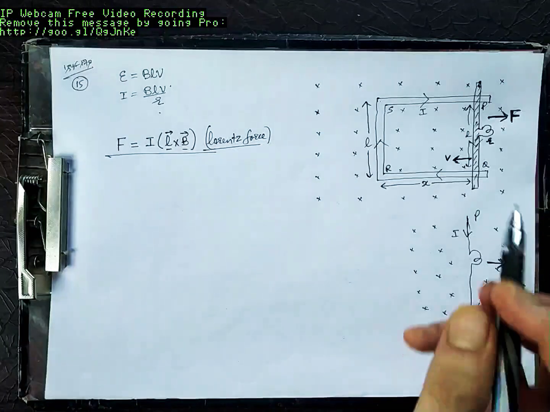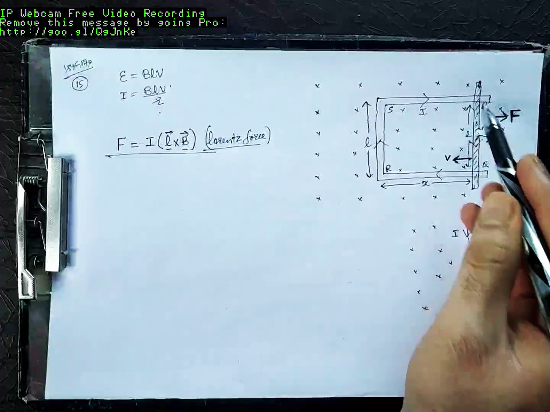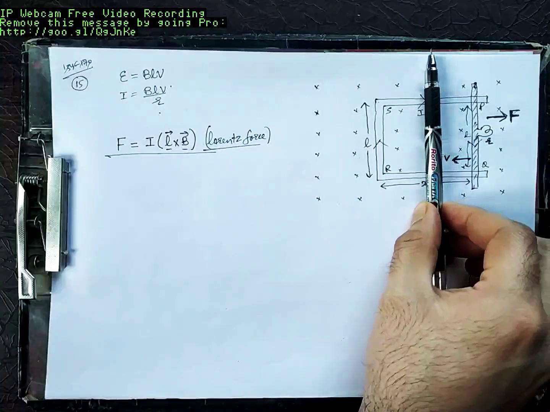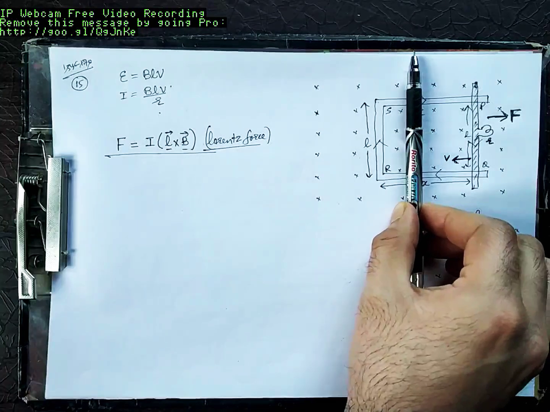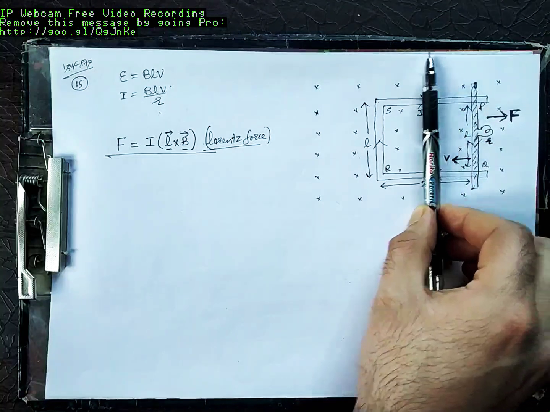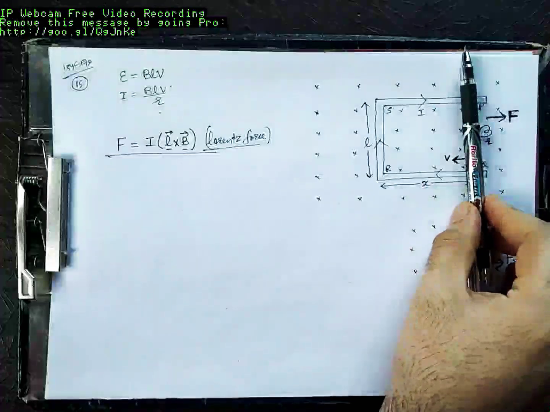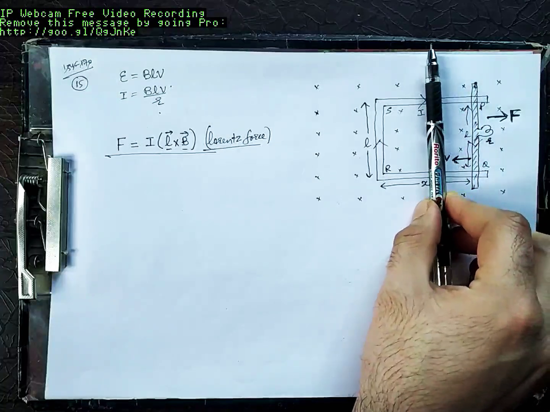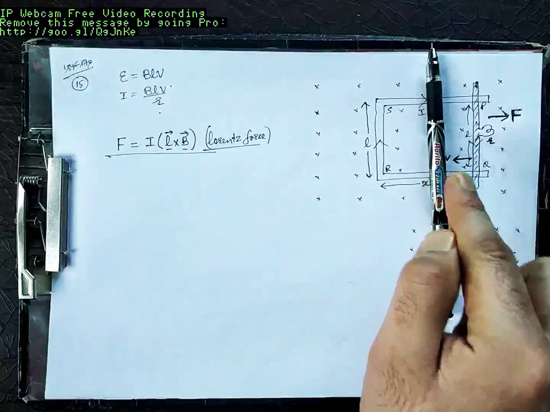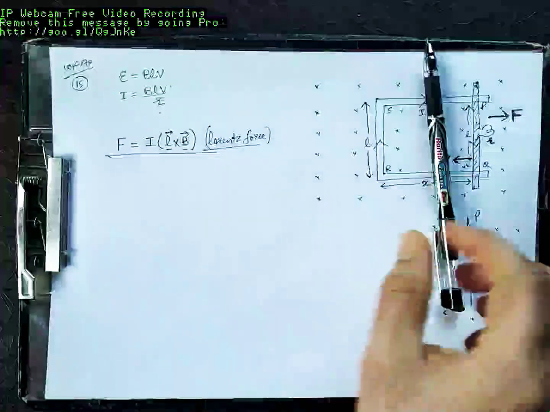If you want to keep moving this conductor PQ towards left so that it keeps on inducing the voltage, you have to move this conductor continuously towards left with velocity v. But as you move this conductor towards left with velocity v, there's an induced voltage which produces a current, and because of that current, this conductor experiences a force, and that force is towards right.